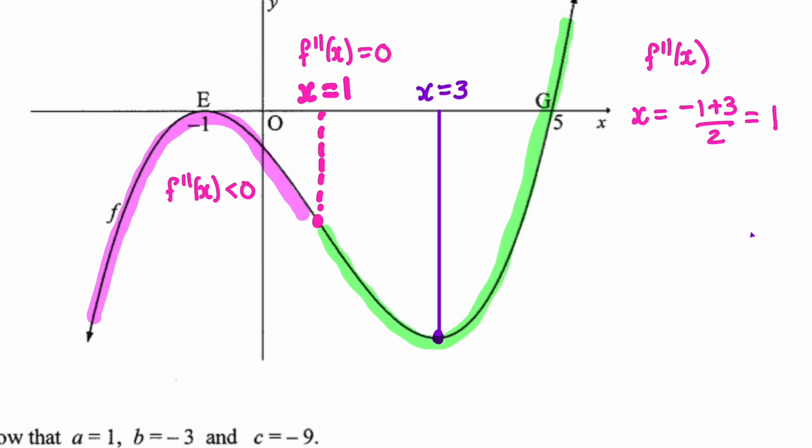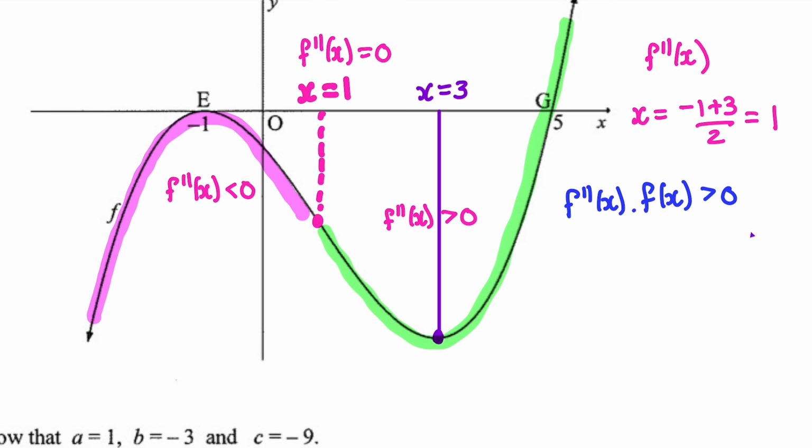That means everything to the right of that point, we have f double prime x bigger than 0. And then at that point, we have the point of inflection, so the second derivative would be equal to 0.